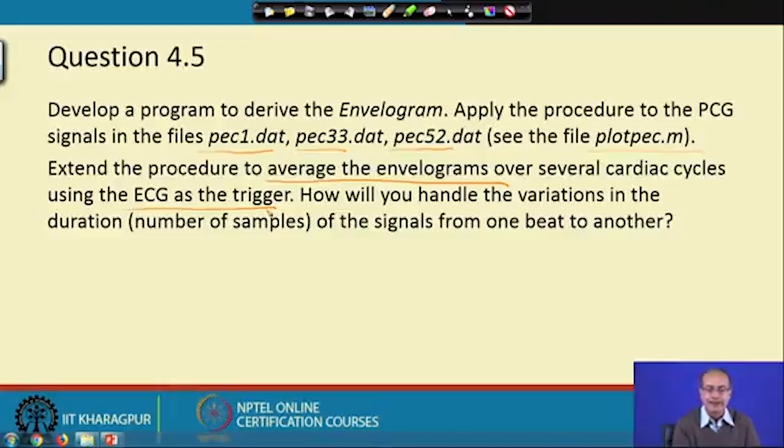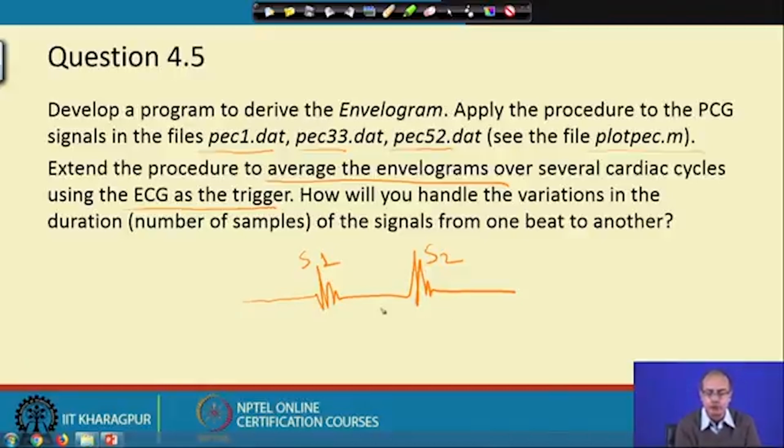Now, why is the average envelogram actually requested? If you look at the PCG signal, we have 2 components, S1 and S2. These 2 sounds are there in the phonocardiogram, and both of them are random in nature.